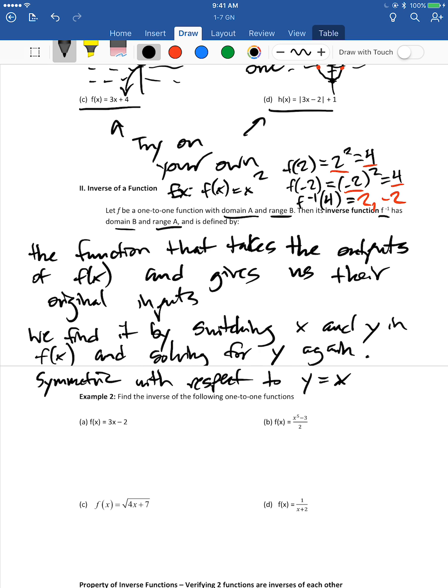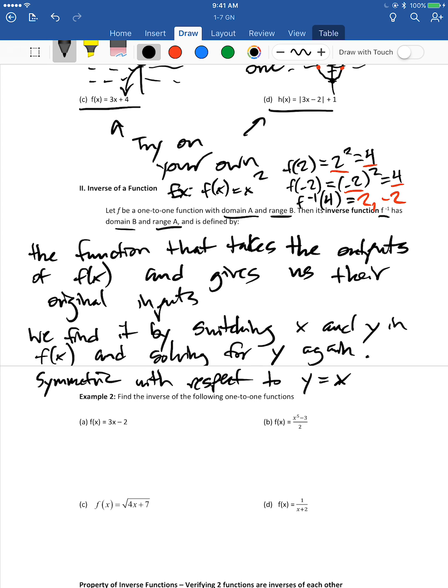Now for inverse functions, we are talking about things that are symmetric with respect to y equals x. And that is in comparison to its original function. So f of x, if we reflect that over the line y equals x, will give us the inverse function.